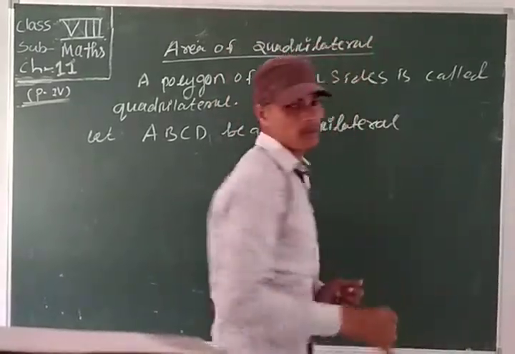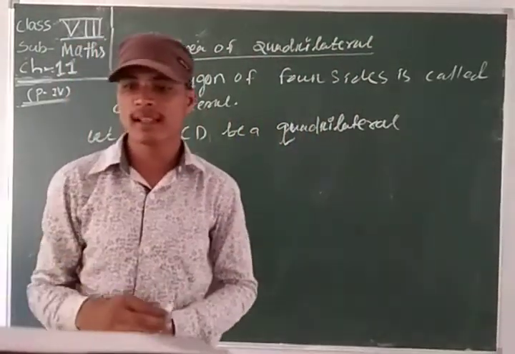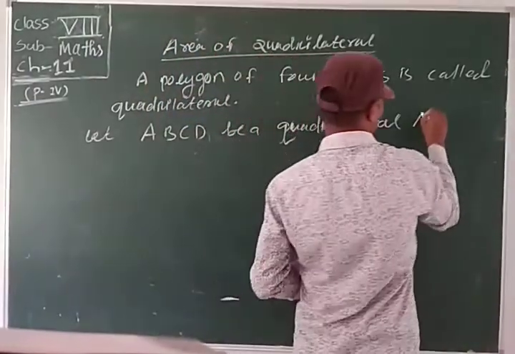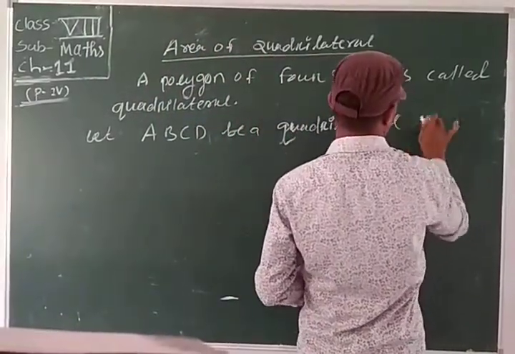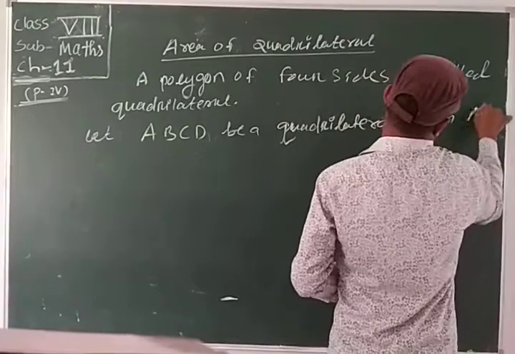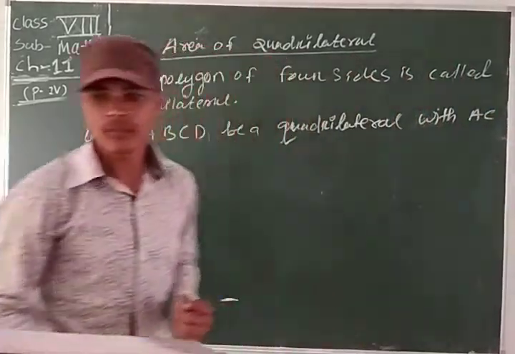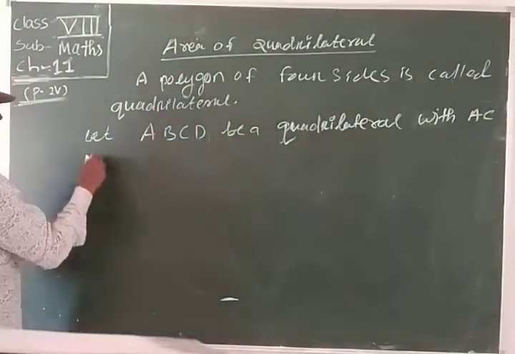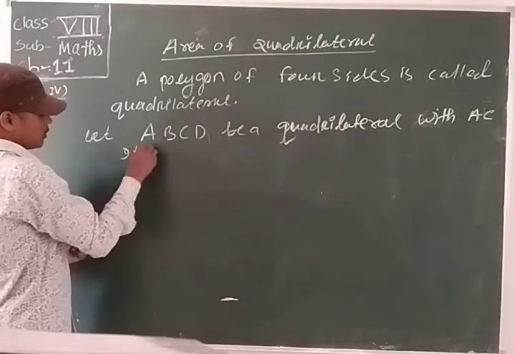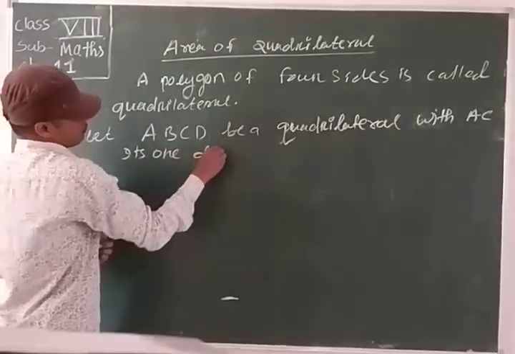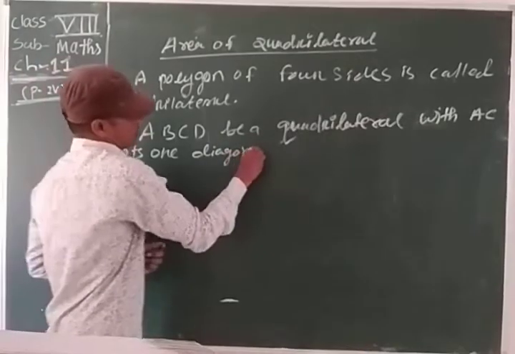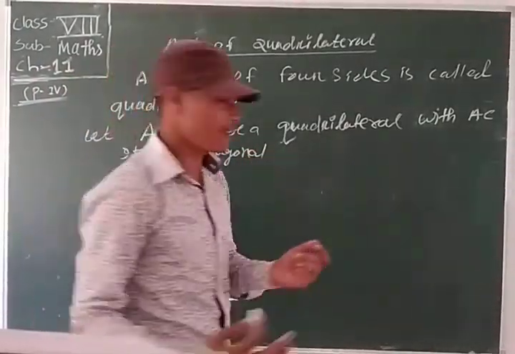ABCD is a quadrilateral with diagonal AC. AC is one diagonal. Let's draw a few quadrilaterals first.